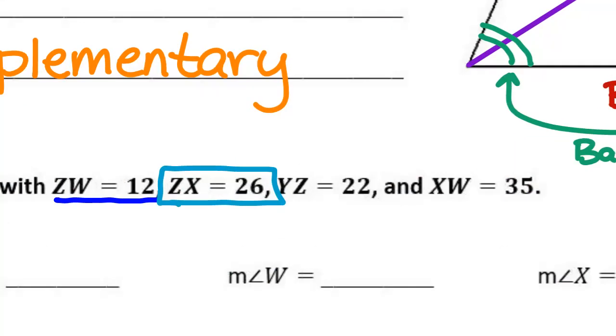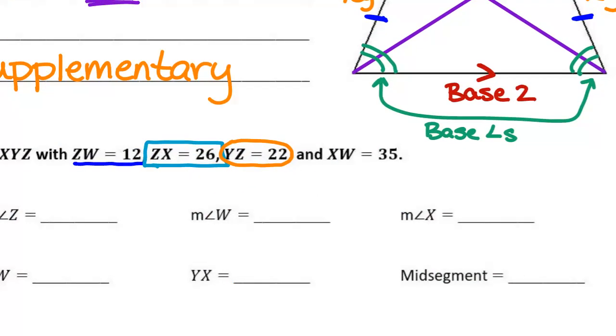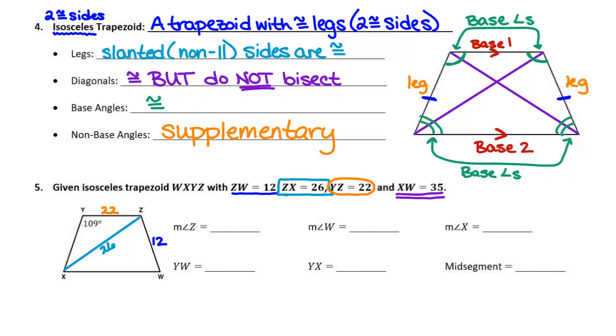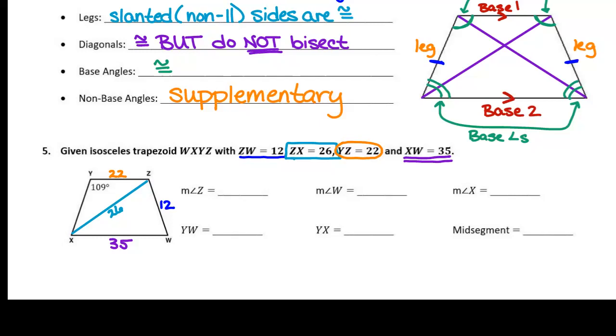ZY is 22. So up here is 22. And finally, XW is 35. All right, so we're going to use that information along with the 109-degree angle that is printed there for angle Y to answer the following questions.